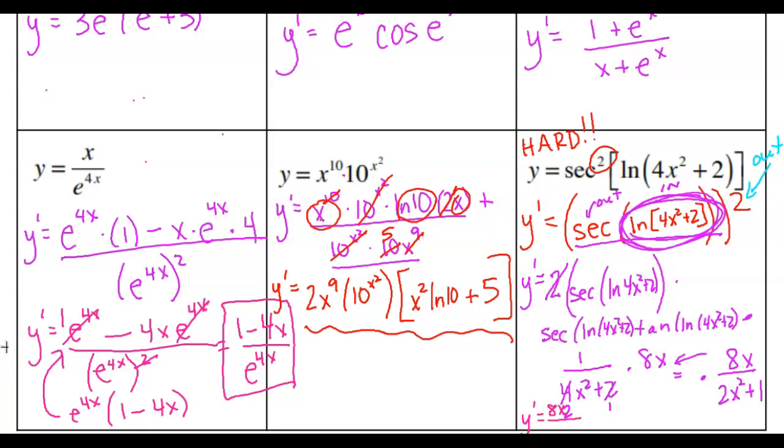I'm going to write it in pink. Times that. Notice I actually have one here and I have another one. So we're going to say that this is squared. And then times tangent. Yeah, this is a lot, I know.